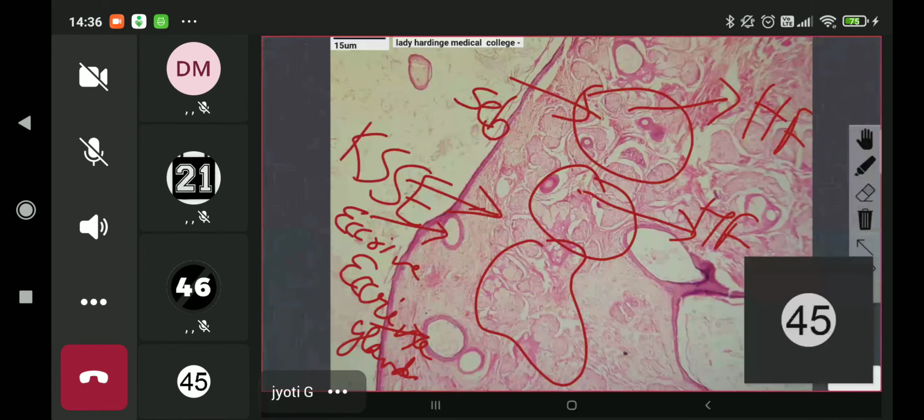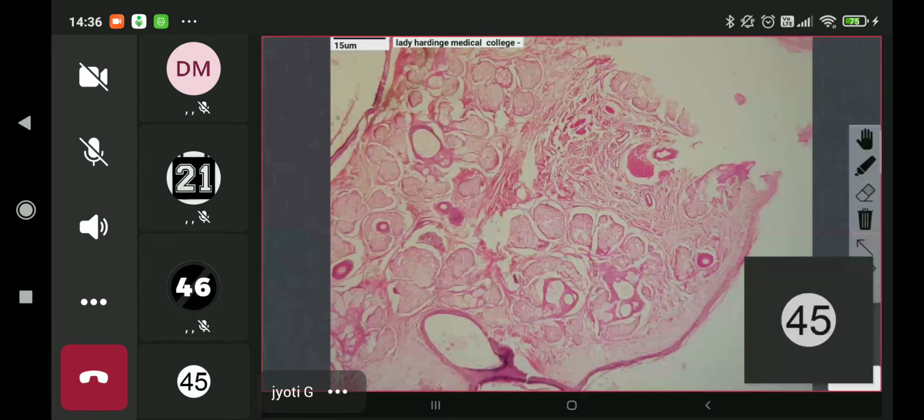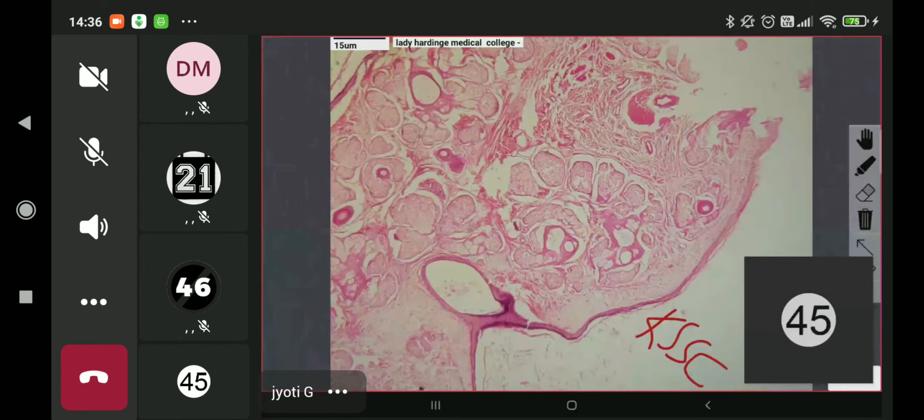It's a cyst wall lined by keratinizing stratified squamous epithelium and you are seeing skin appendages containing pilosebaceous units. We call them pilosebaceous. Pilo for hair and sebaceous, pilosebaceous units. Okay, and you can see these other eccrine sweat, basically sweat ducts and sweat glands as well.